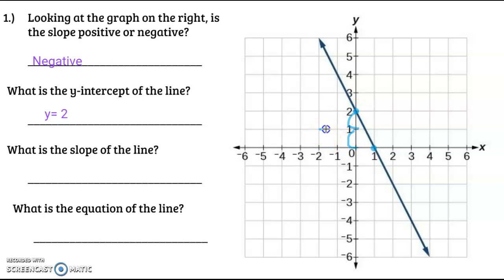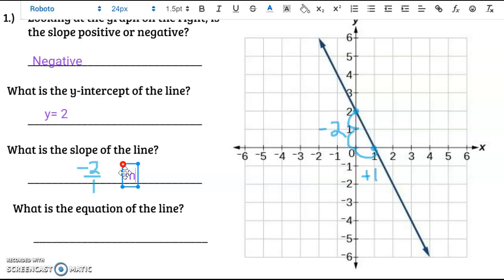If I go down, that's a negative value. And then if I go over 1 to the right, that's a positive 1. So my slope of the line is -2 over 1. You can write that as, let me make a text box to make it easier to see, m equals, and remember m means slope, -2, because -2 over 1 is -2.